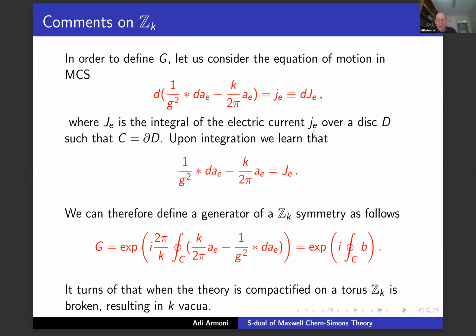So if we want to consider the generator of the ZK, it's not surprising that starting from the Maxwell theory, we ended up in the S-dual with something that contains only B. That's a nice feature, and it shows you the advantage of using the S-dual.